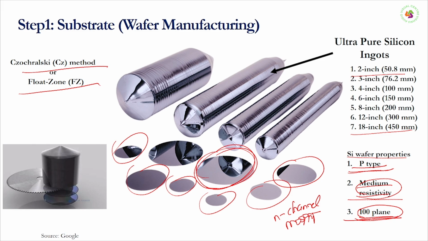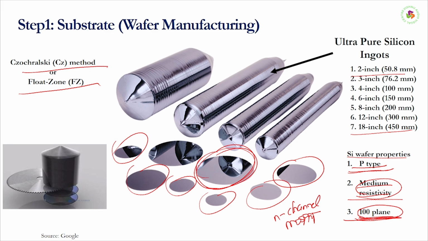If you construct a house, you will see the vastu, like which side the front door will come, which direction, and which side the bathroom will come. Similarly, if you want to fabricate any transistors on the silicon substrate, we need to choose the 100 plane.